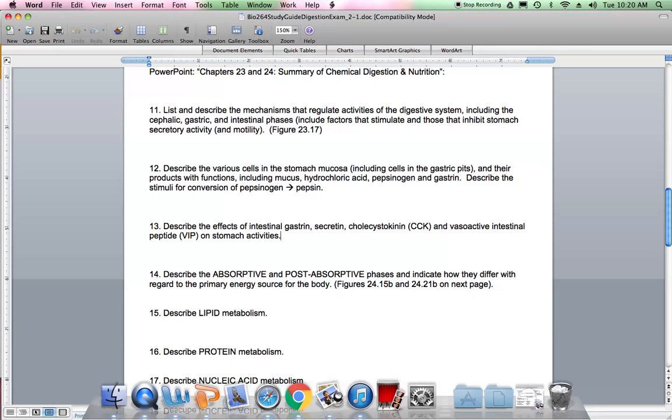And in order to emulsify the fats there, break the large droplets into smaller droplets, you need bile, and that would be stored in the gallbladder.